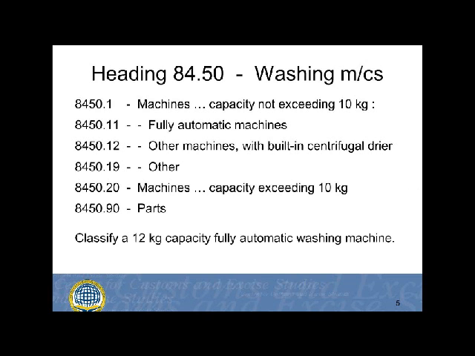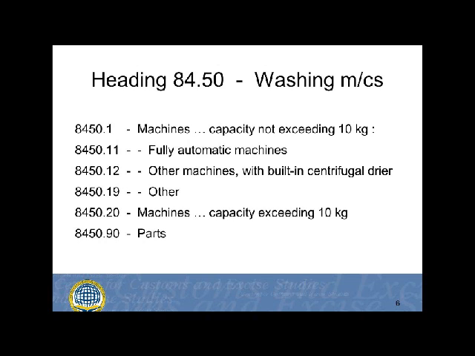Another question. What is the classification of a fully automatic washing machine that has a capacity of 12 kilograms? The answer is subheading 845020. Did anybody think it is subheading 845011, which describes fully automatic machines?